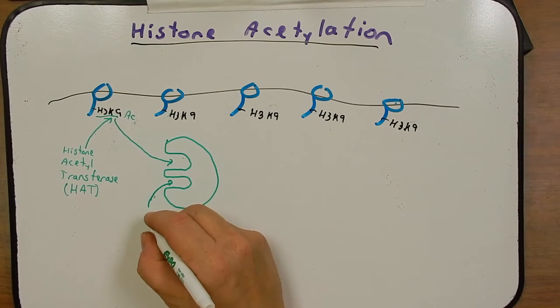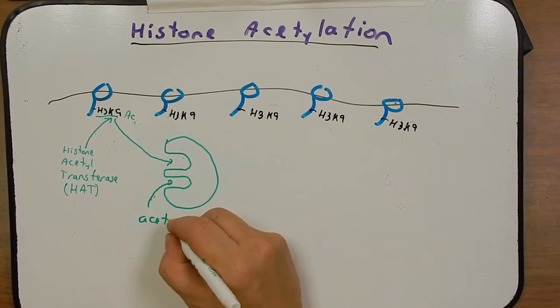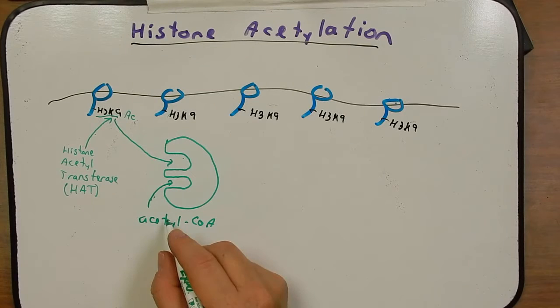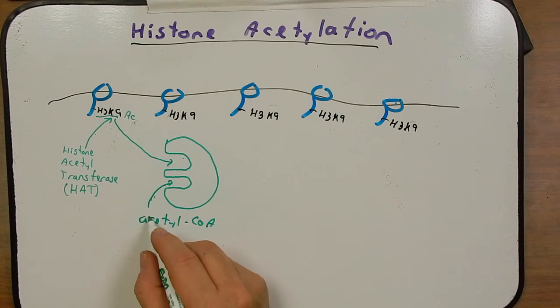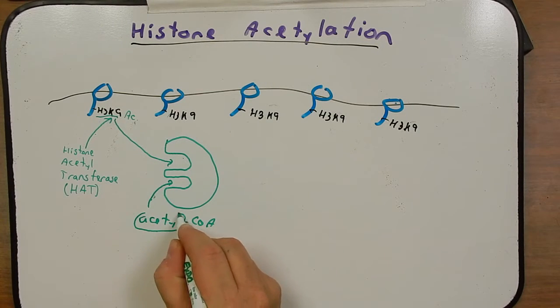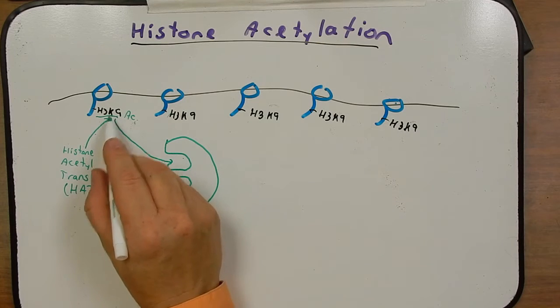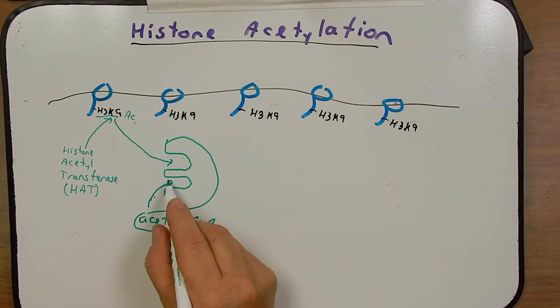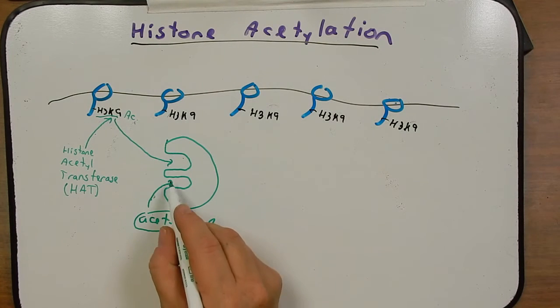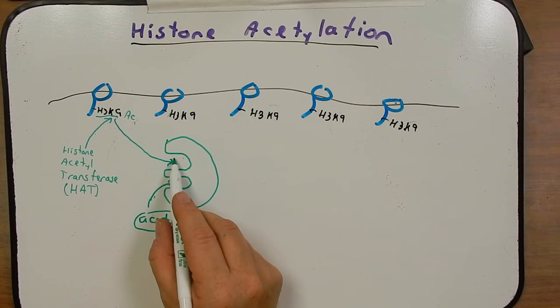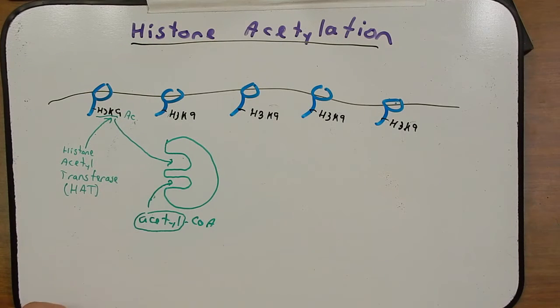So what sits here is a molecule called acetyl-CoA. This is a common strategy, having the molecule that you want to add to the substrate sitting right here in an alternative binding site, so that it's in close proximity with this lysine here that it needs to be added to.